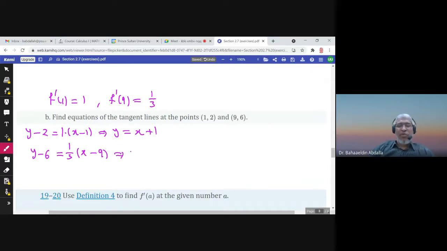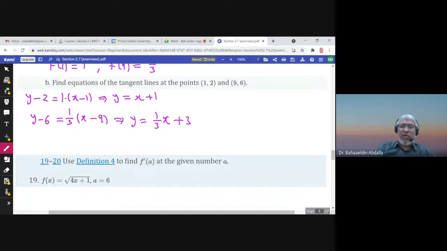I will write it y equals 1 over 3 x, and minus 9 over 3 is negative 3, plus 6, so it's positive 3. So these are the equations of the two tangent lines.